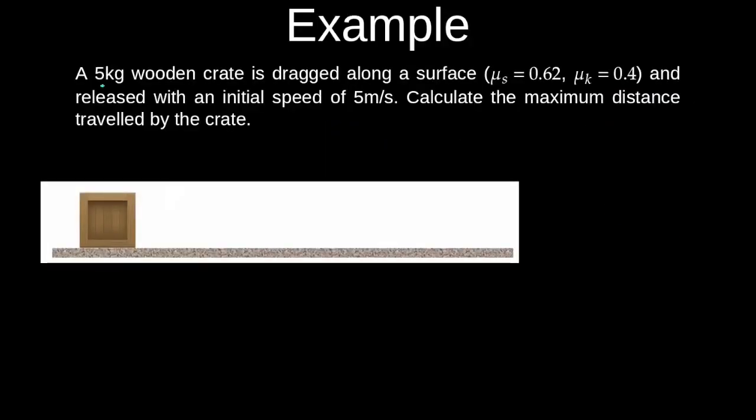A 5 kilo wooden crate is dragged along a surface which has these friction coefficients and released with an initial speed of 5 meters per second. And we're asked to calculate the maximum distance travelled by the crate.